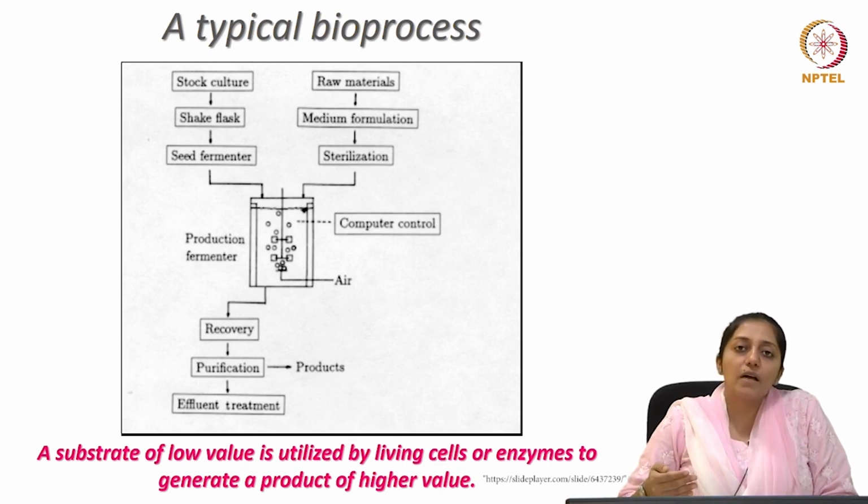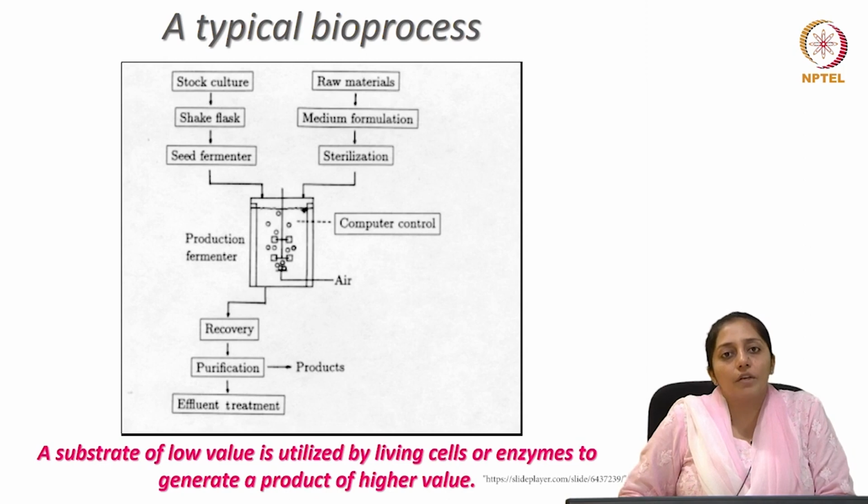From the shake flask, you prepare the inoculum, which is called the starter culture for the production scale. This is called the seed fermenter. This is a small size reactor where you mass multiply the starter culture to bring it to a stage where it is ready to be inoculated in the production fermenter.